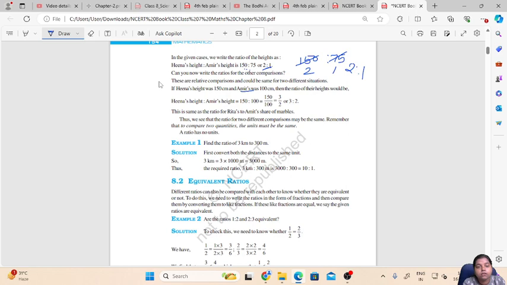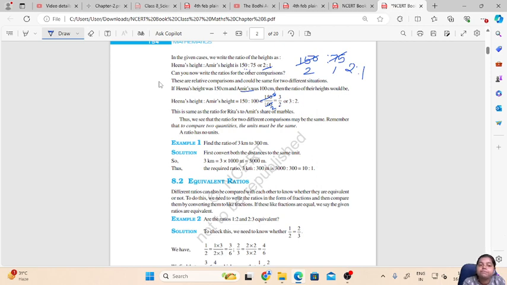If it was 100, then how would you have solved it? 150 divided by 100 is how much? It will give us 3 by 2. How? We divide both by, let's say, 50. So it will give 3 and it will give 2. So 3 is to 2.